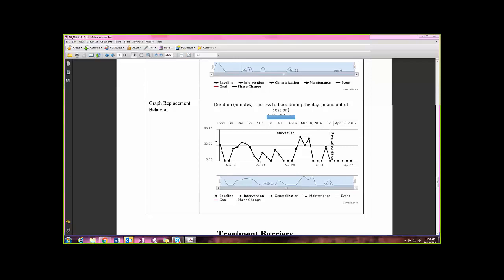Well, let me talk a little bit more about the schedule that we were able to identify for his bowel movements. Since we started monitoring him, he started using the toilet fewer times.